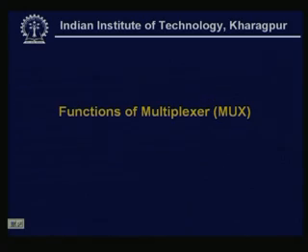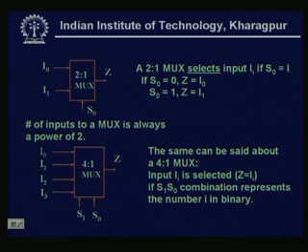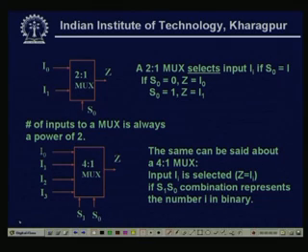Now, we have already read the functions of multiplexer, but again we quickly revisit that. So, how have we defined a 2 to 1 multiplexer? It has 2 input lines and 1 select line. The function is that the inputs are passed to the output depending on the particular value of the select line input.